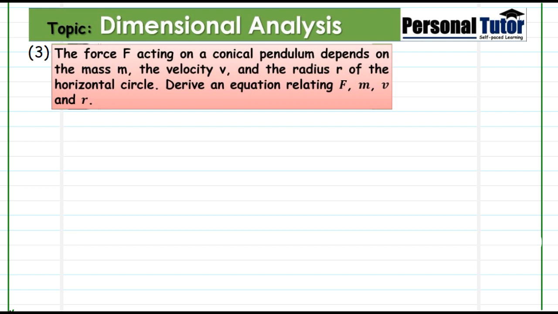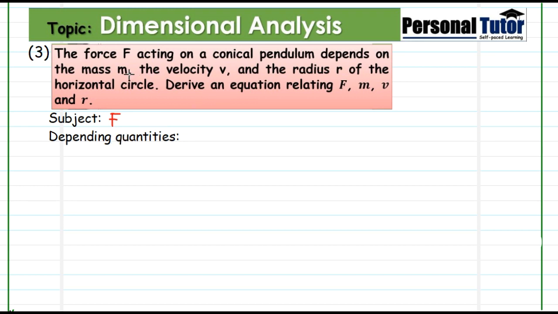Great. The first thing which we are required to do is to look at the subject and the dependent quantities. And so far, you could easily identify that F, that is the force, is the subject.